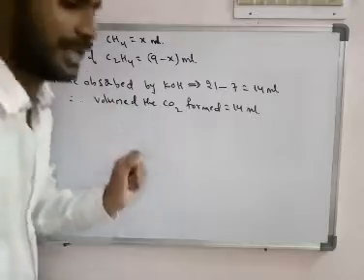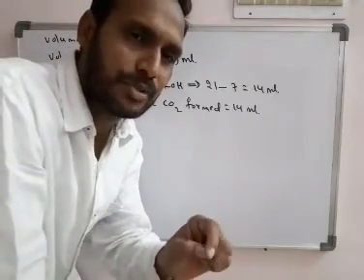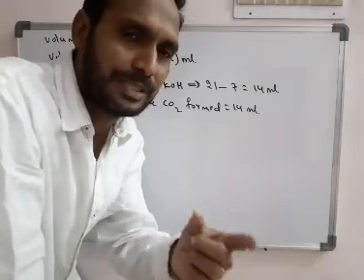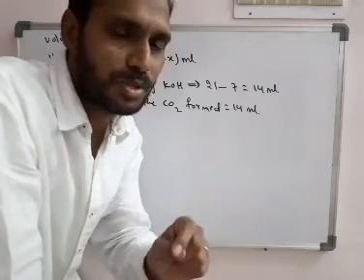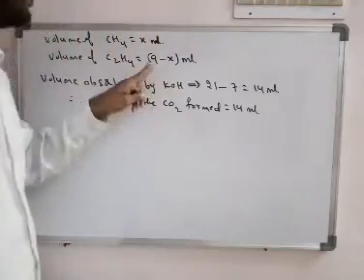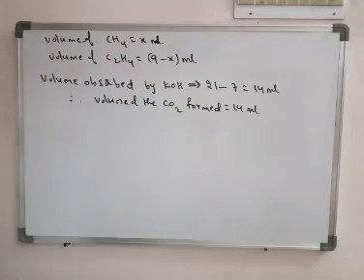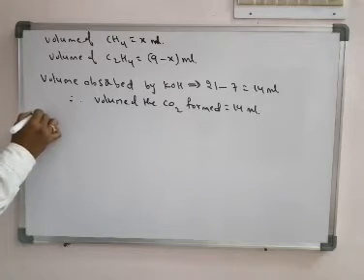Next, with the help of the second reaction, the combustion of C2H4, we observe that 1 mole of ethene produces 2 moles of CO2. So 9 minus X moles produces 2 into 9 minus X moles of CO2.